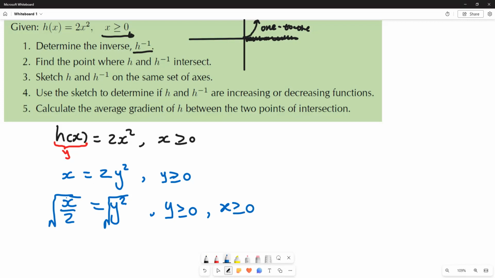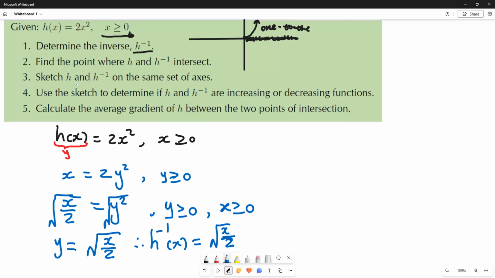Do you see it? x is always bigger than or equal to 0, because if you have a negative number inside the square root, you're going to have an issue. That is an imaginary number, or non-real roots. Okay. So this is our equation of the inverse. And therefore, we can write it as h to the power negative 1 of x equals the square root of x over 2.